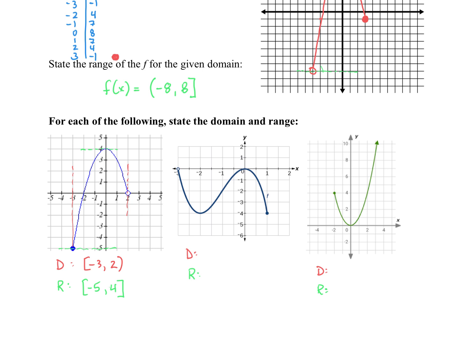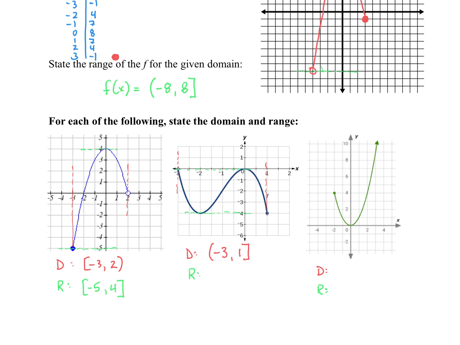Next one, we've got -3, not included, open circle, all the way to 1, so my domain is left to right: parentheses at -3 because of the open circle, all the way to 1, which gets a bracket. And then bottom to top. We have to be careful here.